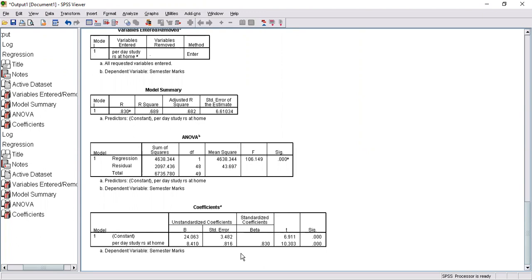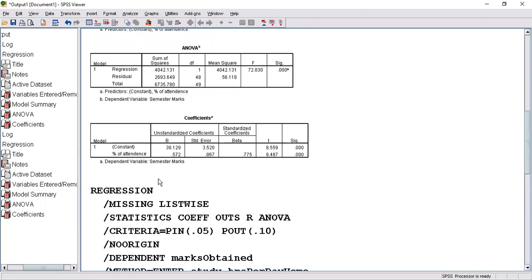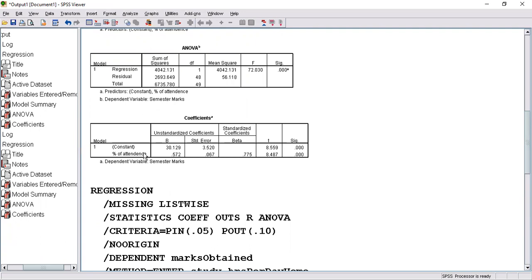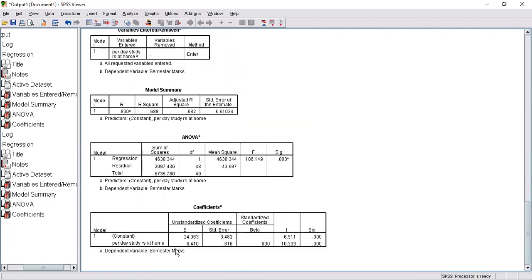And what do beta 0 and beta 1 of the first model say? If a student has 1% higher attendance, his marks will be 0.57 more. And this first model is explaining 60%, and my second model is explaining the variability by 68%.